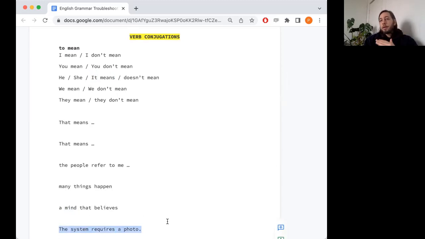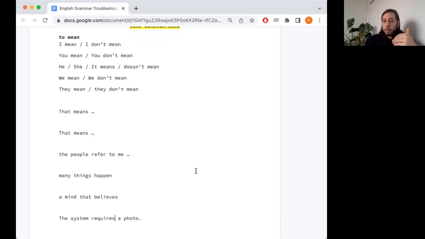The system requires a photo. The system requires a photo. You can hear how the S connects with the A, requires a photo. It's a very different thing than saying the system requires a. So when you hear about it that way, and when you think about it that way, you can see there's a big difference there.